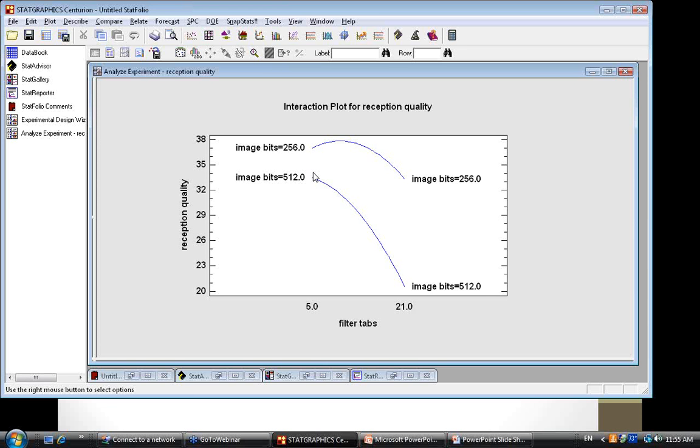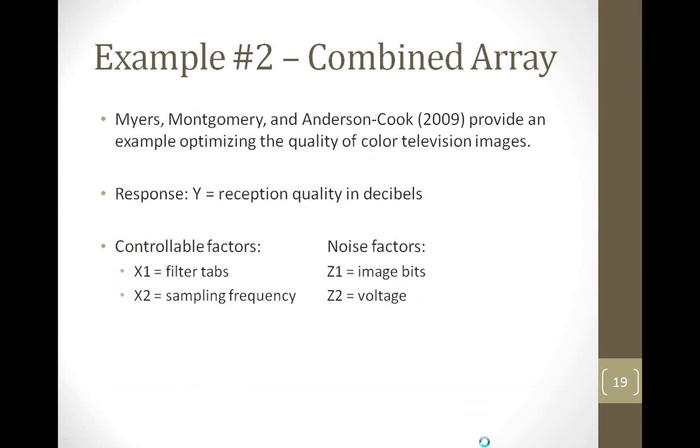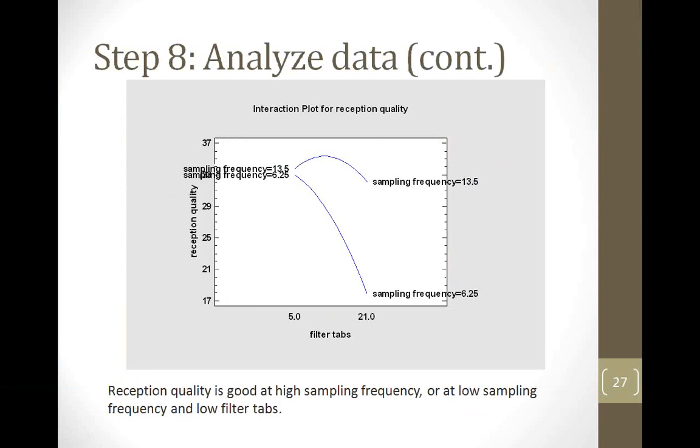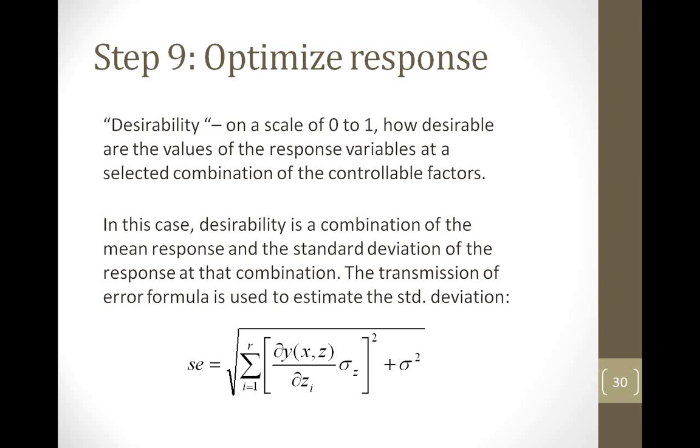Well, how do we get a single optimal condition? Well, the way Statgraphics has done this, let me go back to my PowerPoint slide for a moment, is we've used the same approach for optimizing a response, a robust parameter design, as we use when there are multiple responses. We define something called desirability.